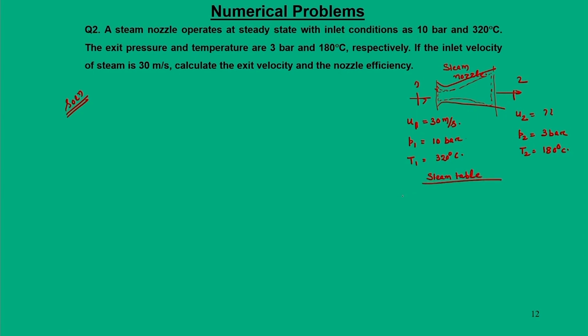For the initial state 1, based on the condition P1 and T1, 10 bar and 320 degree centigrade, we can find H1 as 3093.9 kilojoule per kg.